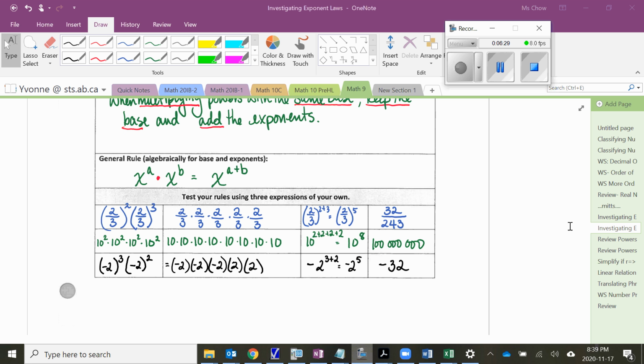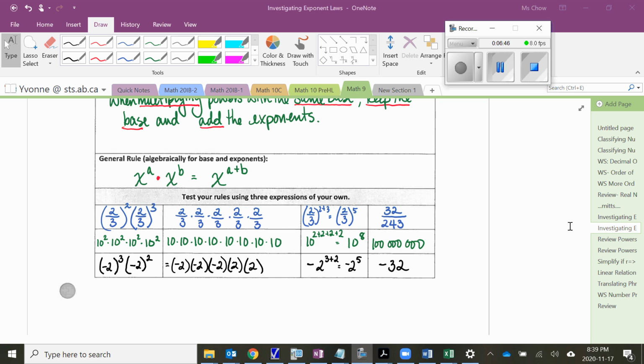Okay, so these are the 3 examples that I came up with. So something a little bit different. And I said, okay, what if the base was a fraction? And does that make any difference? Well, we know how to expand it. If the base is everything within our brackets, we can expand it.